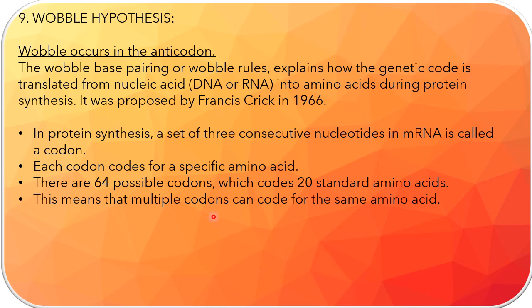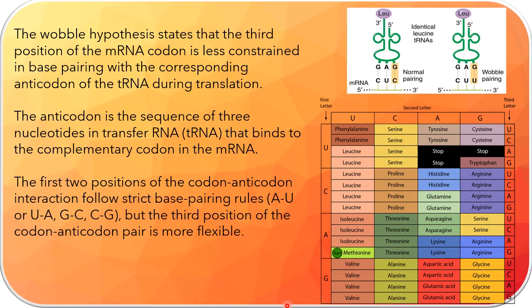That means multiple codons can code for the same amino acid. You can see here multiple codons can code for a specific amino acid. For example, threonine is the amino acid. You can see here 1, 2, 3, 4 different codons can code for threonine.